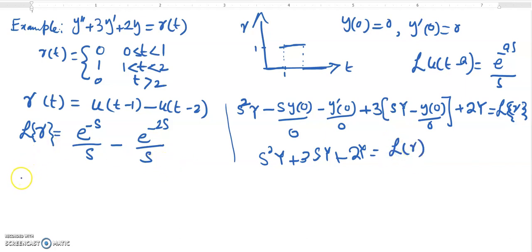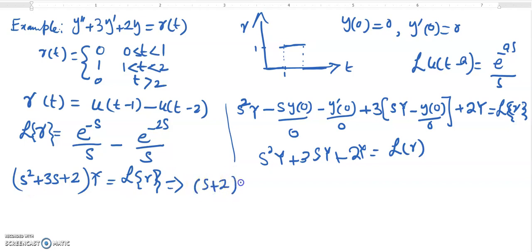So we have s square plus 3s plus 2, times Y, equal to the Laplace of r. If you factorize it, it is s plus 2 and s plus 1. On the right hand side I can put these values: e power minus s over s minus e power minus 2s over s.